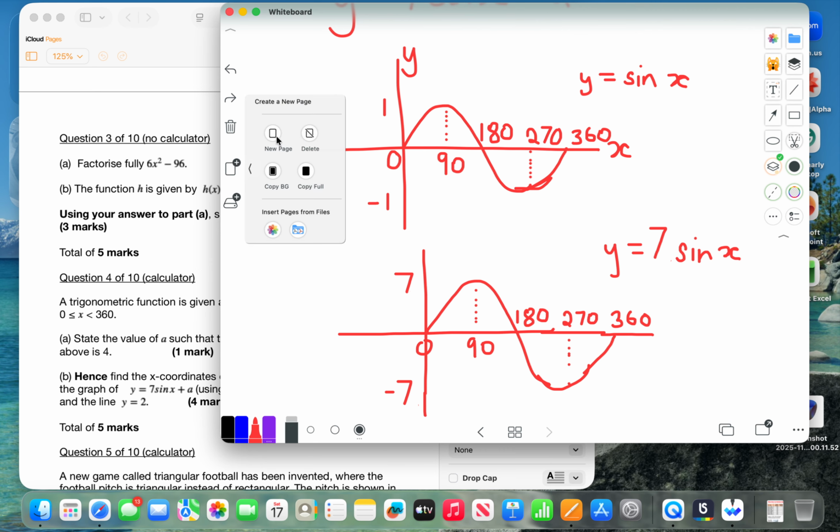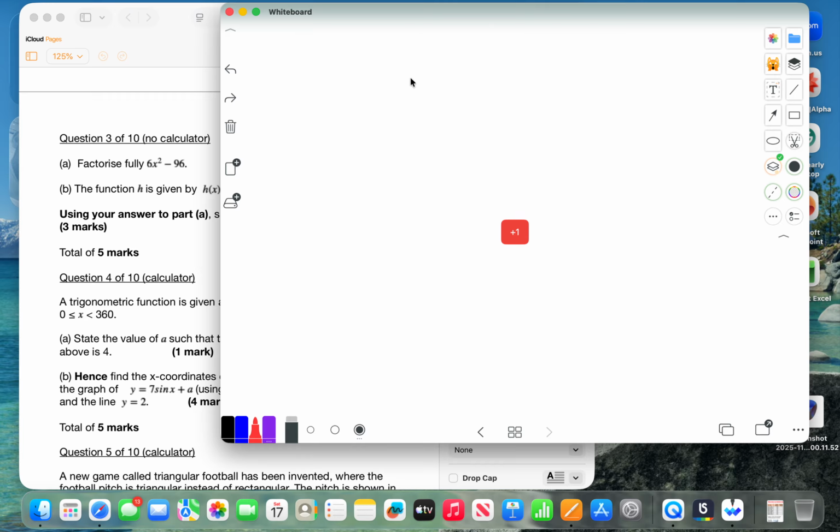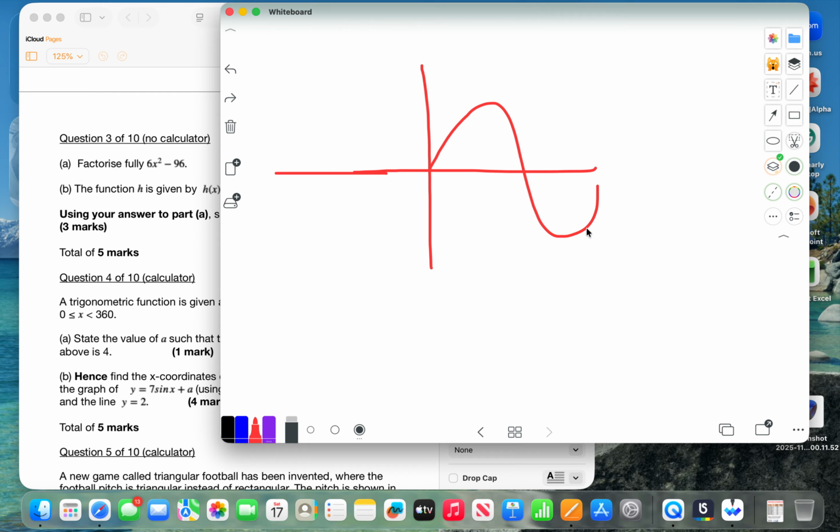I do know I'm spending a lot of time on this, but it's one of these ones you really want to visualize. So the red one is y equals 7 sine x.